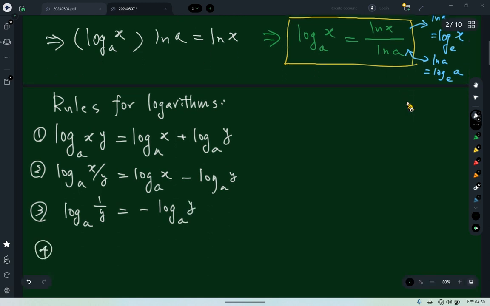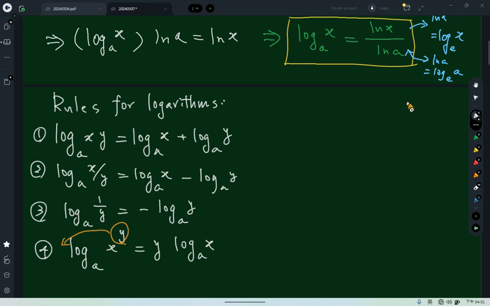The last part is log base a of x to the power y. We can move the power to become the coefficient, so we get y times log base a of x, right?